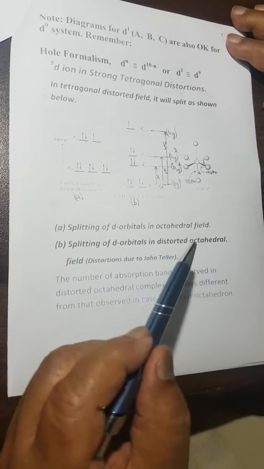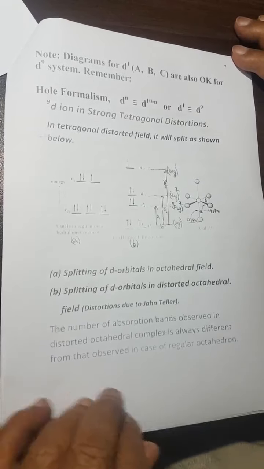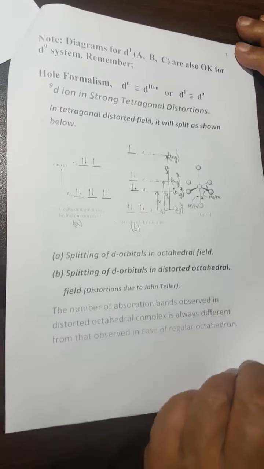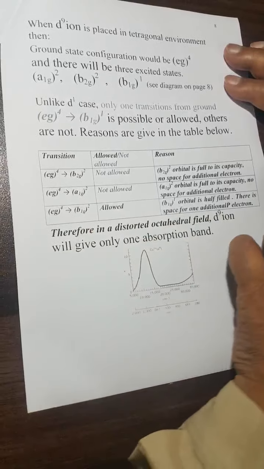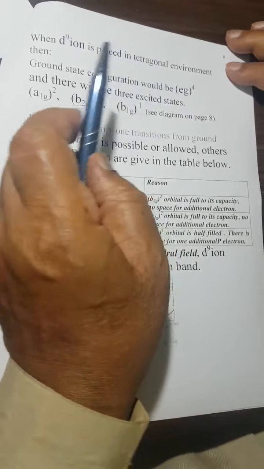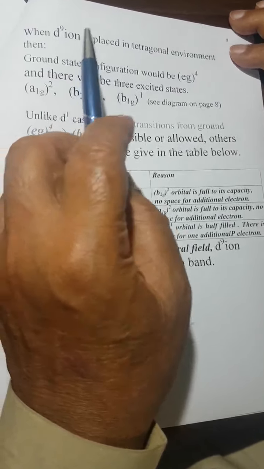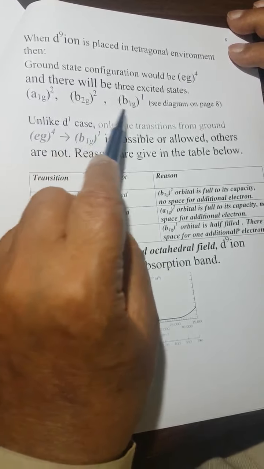Splitting of d orbitals in octahedral field, splitting of d orbitals is distorted. The number of absorption bands observed in distorted octahedral complexes is always different, we learned it before. But when d9 is placed in a tetragonal environment, the ground state configuration will be eg, as I explained just now, and there will be these 3 excited states.